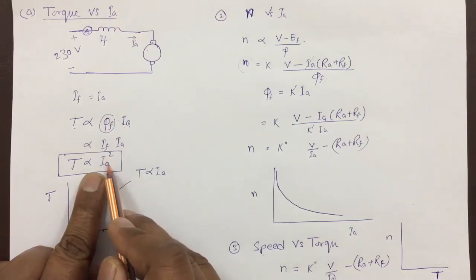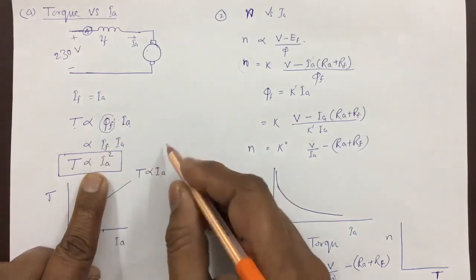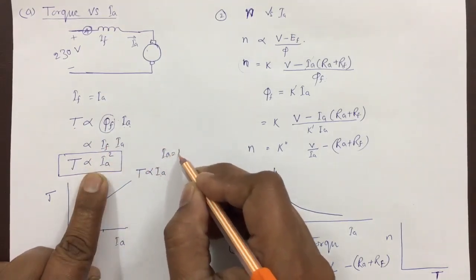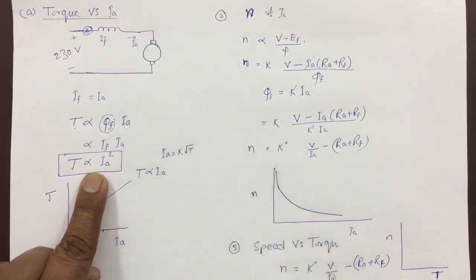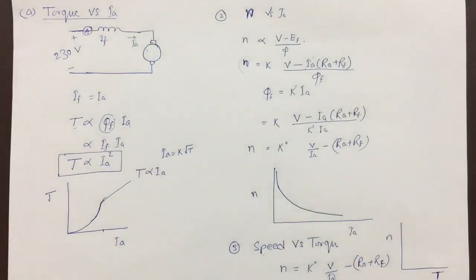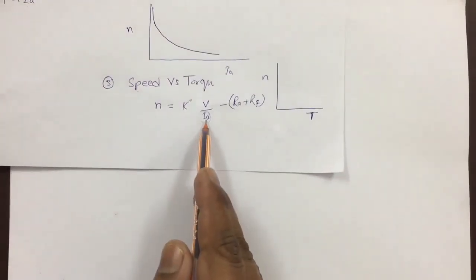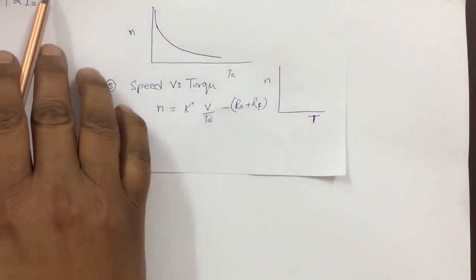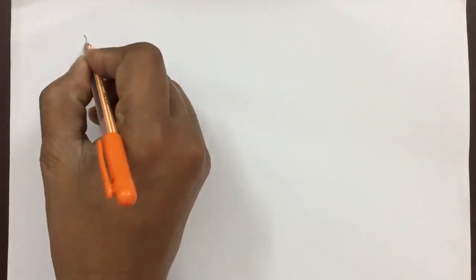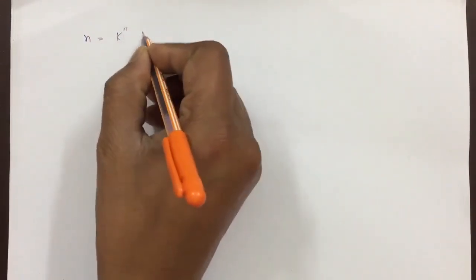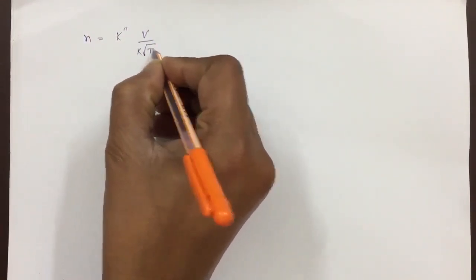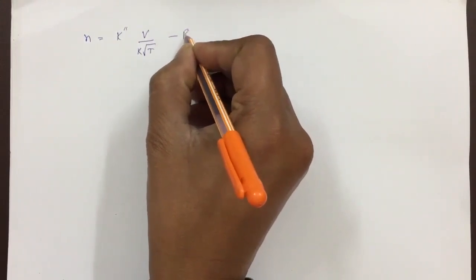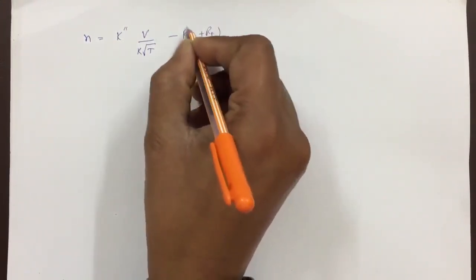From here we can find Ia is almost K times under root T. We can put it here. So in the place of Ia we will put K root T, and that will be V by K root T minus Ra and Rf from the previous equation.